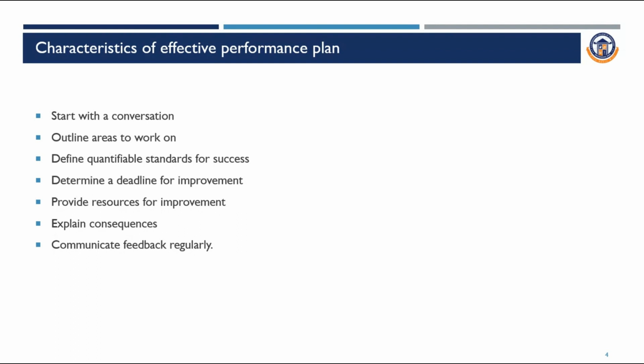Regardless of which scenario you find yourself in, make sure to provide a deadline for the improvement. Increasing sales activity by some percentage over 3 weeks is very difficult, but the same increase over 3 months is easier. Next is to provide resources for improvement.